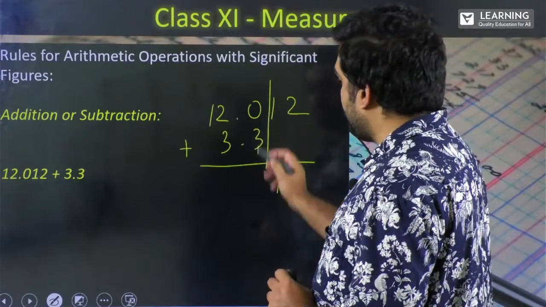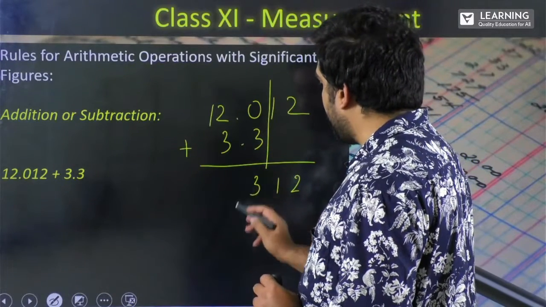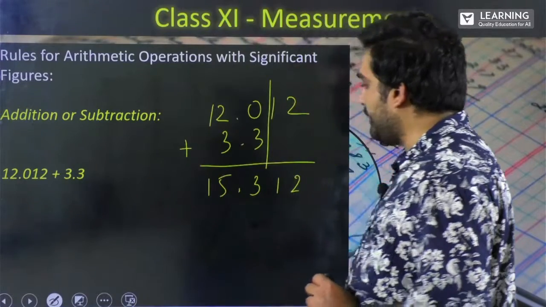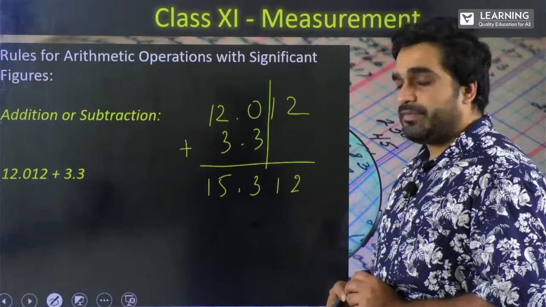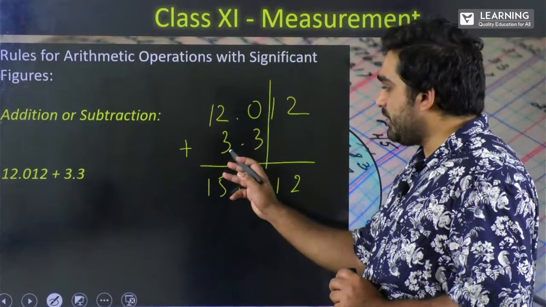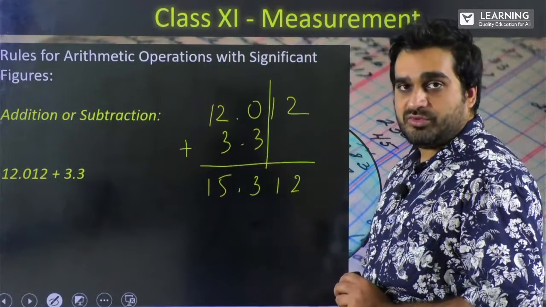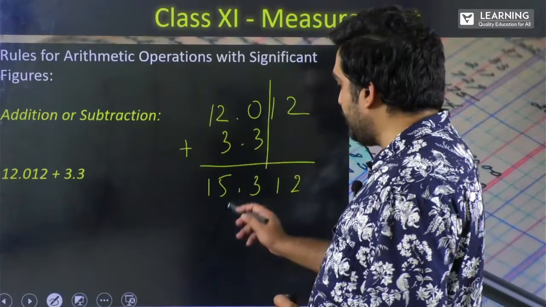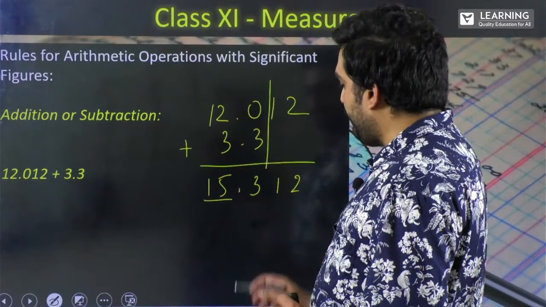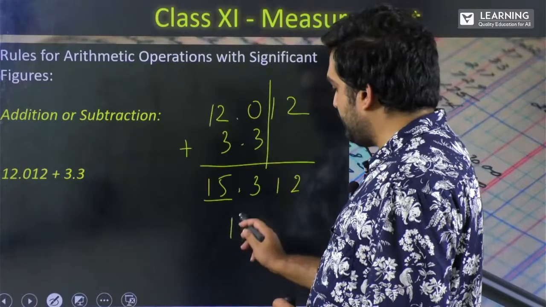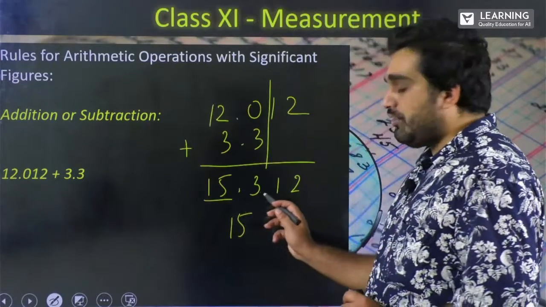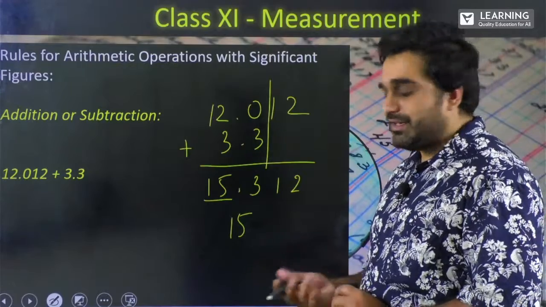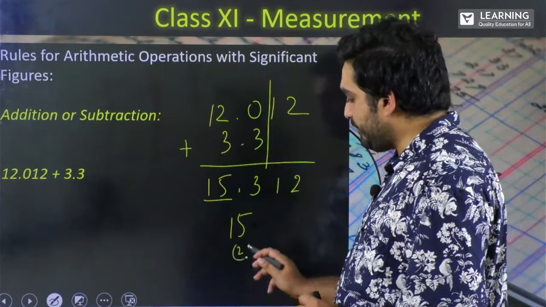Okay, and then you get 15.312. How many significant figures? 2. Since there are only 2 significant figures, which is the least, I take 15, and I'm not going to bother with the rest, because 15 itself gives the least number of significant figures, 2.